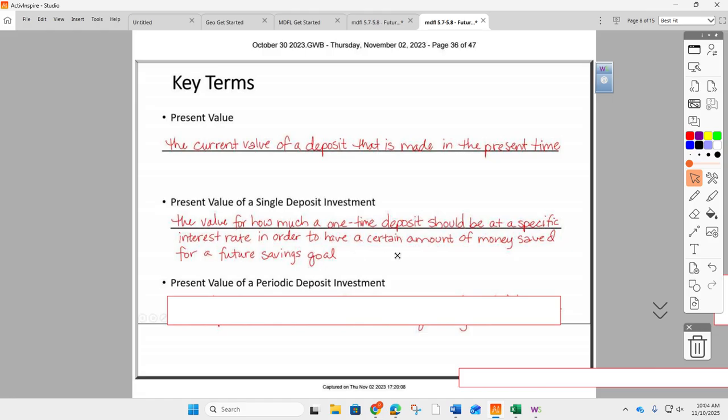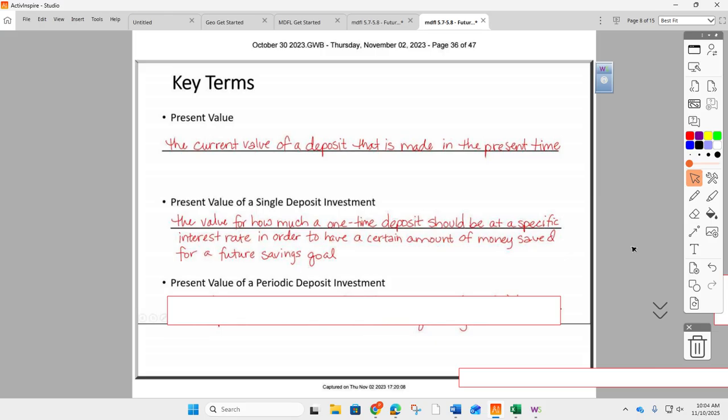Retirement accounts are something that quickly comes to mind, but for younger people, saving for a car might come to mind, saving for a down payment for a house, saving for tuition or living expenses while you're in college. Those are things that you might want to be thinking about.